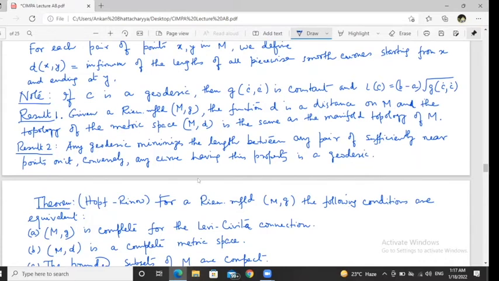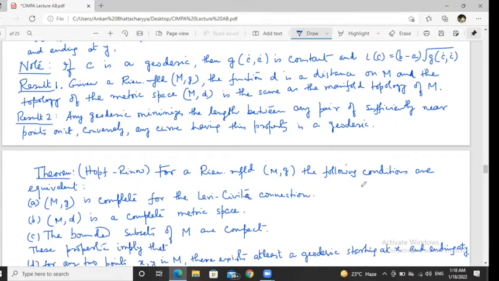Now there is a very important theorem called the Hopf-Rinow theorem, and there are various versions of it, named after the German mathematicians Hopf and Rinow. I am giving one version, and then I will discuss some other version.